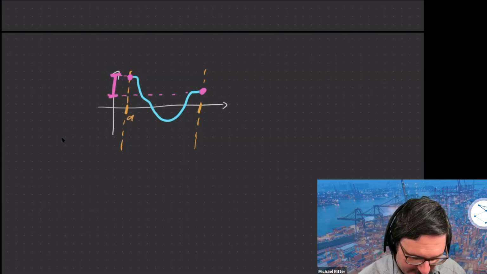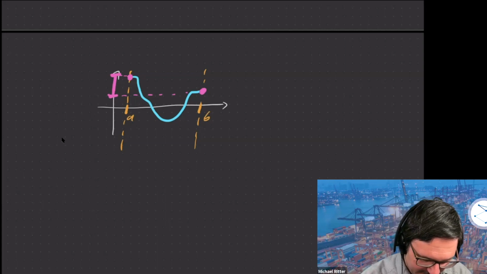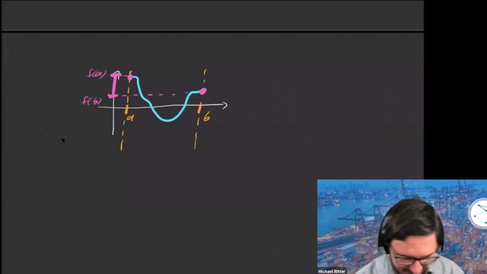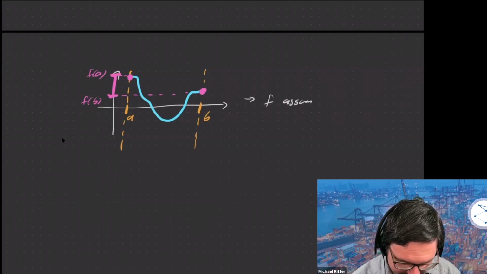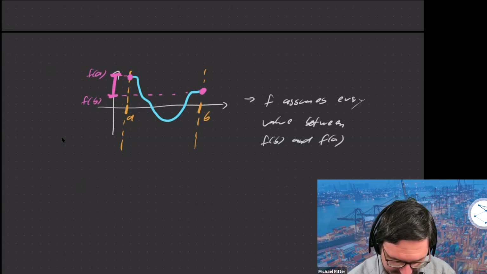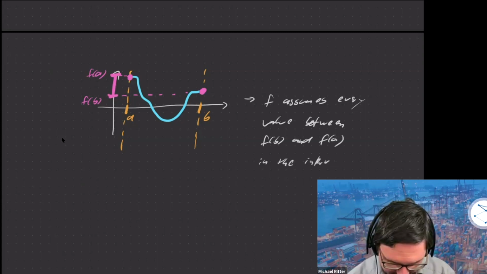So if those are a and b, and this is f of b, and this is f of a, then in this case f assumes every value between f of b and f of a in the interval from a to b.